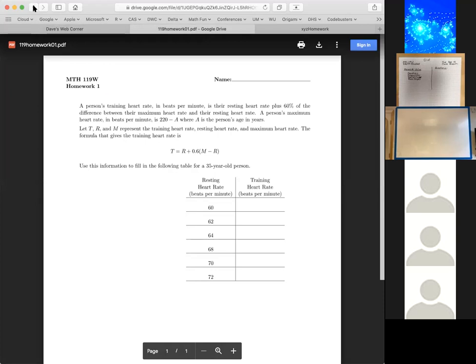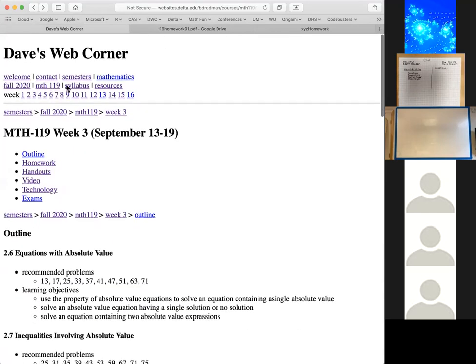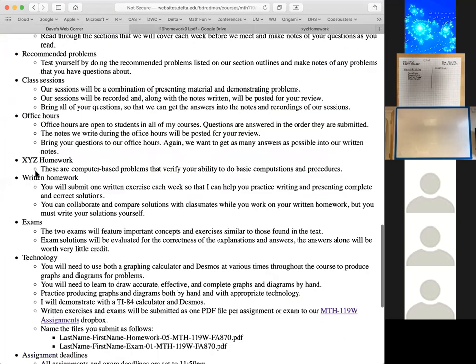Bring those to our assignments Dropbox. You can submit them anytime. Some people have already submitted it, due by 11:59 tomorrow night. I'd like you to pay attention to two things. I want you to name them in a very particular way, and that's written on our syllabus under the expectations.